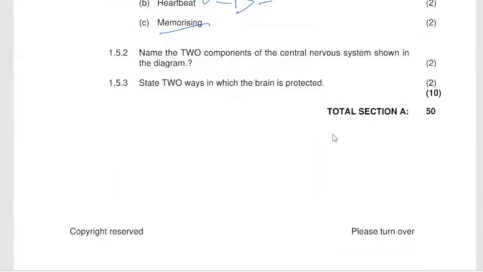They can even ask you the question, how is the brain protected? In this case, the brain is protected through meninges, cerebrospinal fluid, and the cranium.